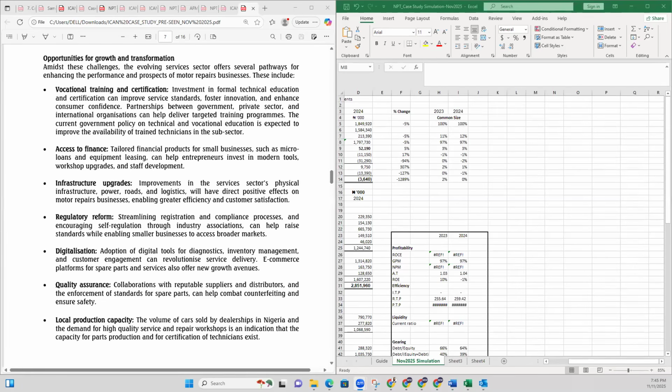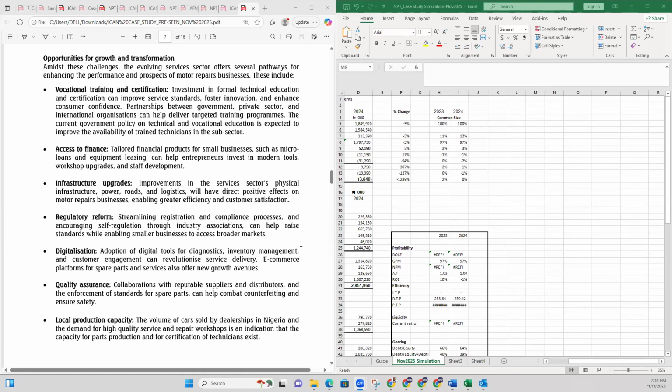Regulatory reform. Streamlining registration and compliance processes and encouraging self-regulation through industry associations can help raise standards while enabling smaller businesses to access broader markets. Digitalization. Adoption of digital tools for diagnostics, inventory management, and customer engagement can revolutionize service delivery. E-commerce platforms for spare parts and services also offer new growth avenues.